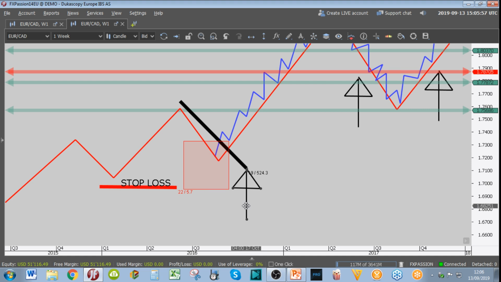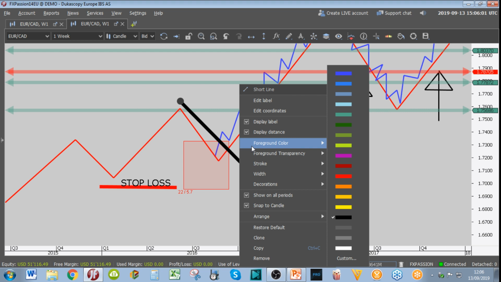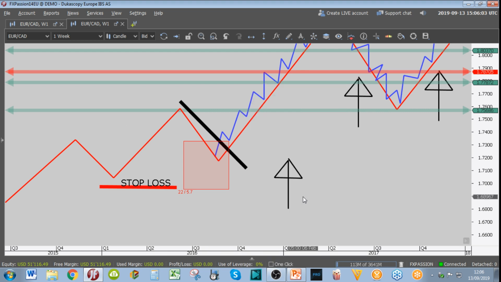Now this lesson today is the continuation from the lesson that we talked about yesterday, risk reward.